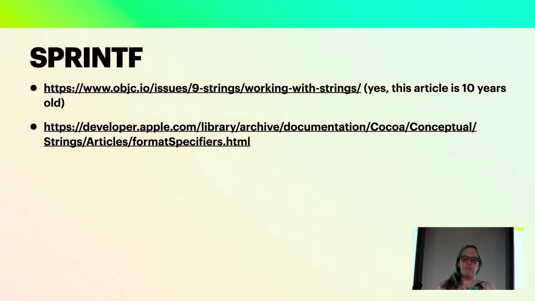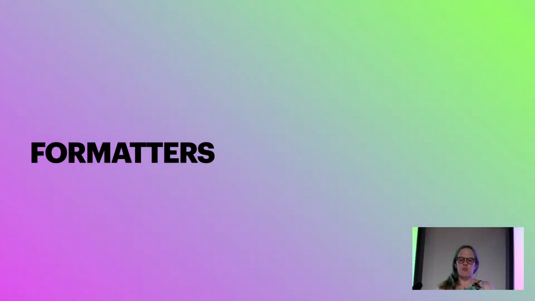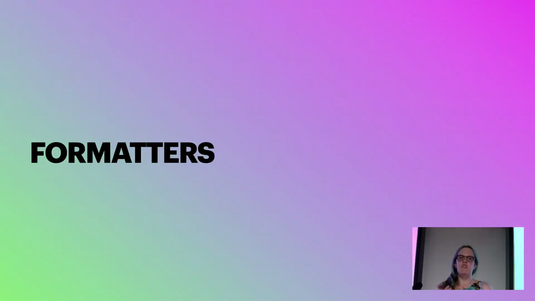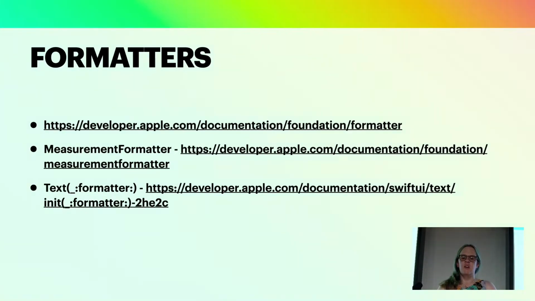But a lot of apps have started to make use of SwiftUI, and here measurements and formatters make a lot more sense. A formatter will handle the conversion from our unit or our measurement and provide a displayable string as the result. So, some documentation here, again, Apple's docs.